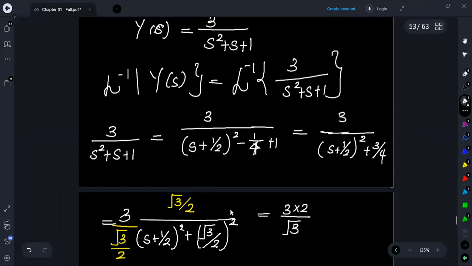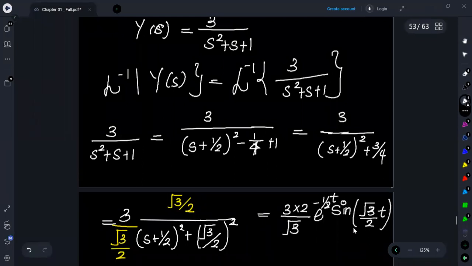Since this is of the form sine, with omega equal to square root 3 over 2 t, and since s is replaced by s plus half, we have to multiply this by e to the power minus half t.